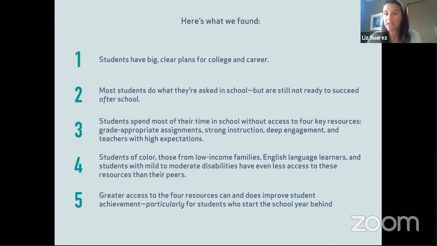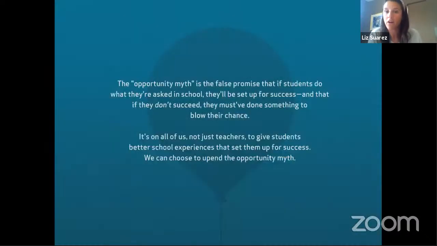And this is one where I really want to double down today, because while we never in our wildest dreams imagined that we'd be up against COVID-19, I think that our findings become more important now than ever to reflect on as we try to figure out how to ensure that kids are getting what they need when they return to us in whatever format that is.